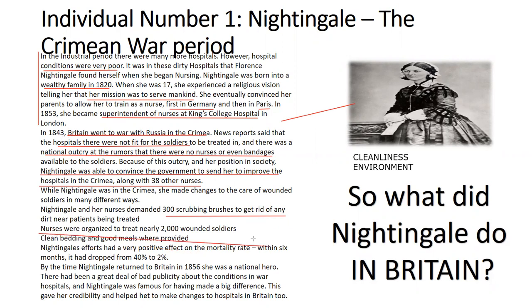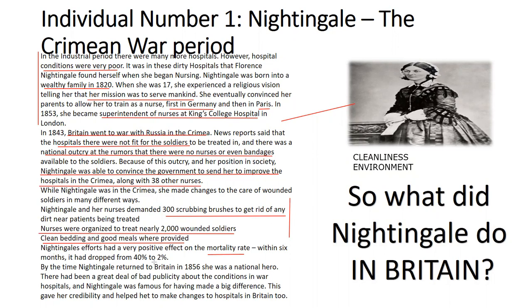Nurses were organised to treat 2,000 wounded soldiers, so the nurses would triage the most serious cases, clean bedding and good meals. Now, it seems really simple, these 3 points here, but the thing that Nightingale did was lower the mortality rate, the death rate. And within 6 months of her and her nurses being there, it dropped from 40% down to 2%.